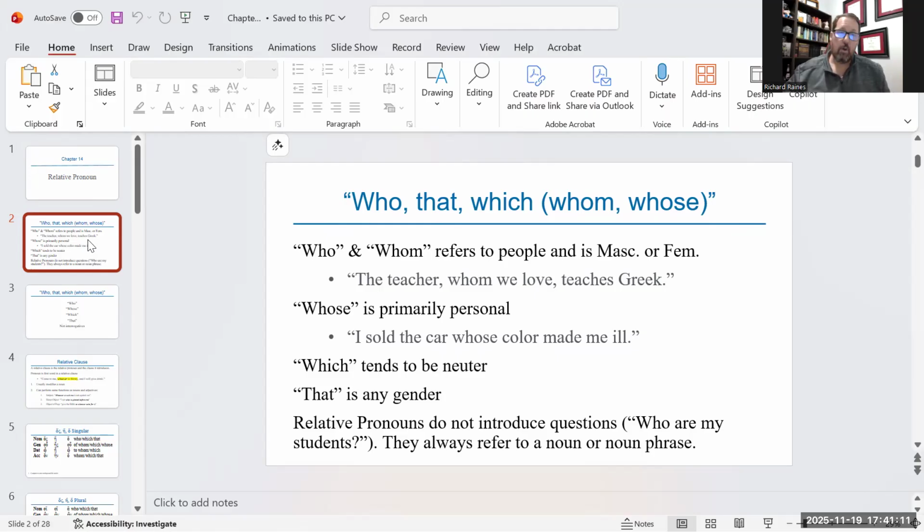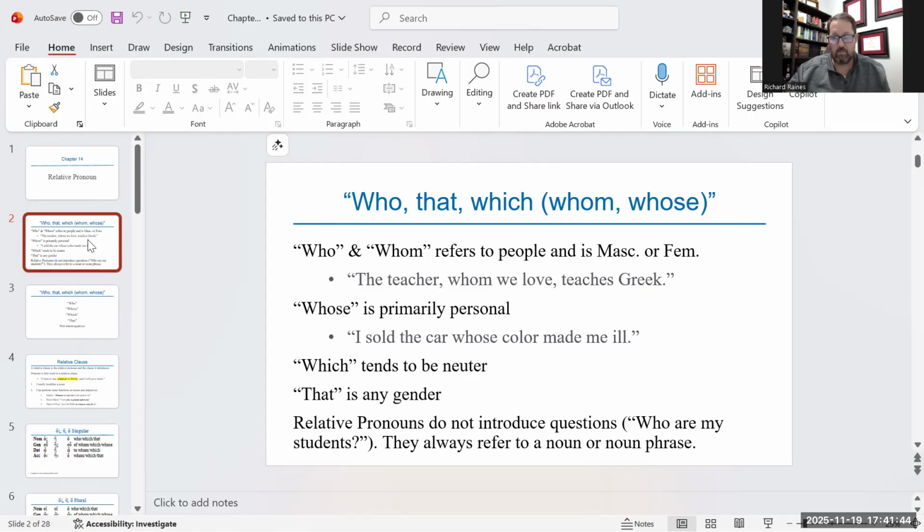I sold the car. Whose color? Blank, blank, blank. The most important thing is that relative pronouns are not introducing questions. So if you think about the example he uses here in 14.2, the example sentence is whose eyes sparkled in the moonlight. Well, that's not how you would use whose, right?